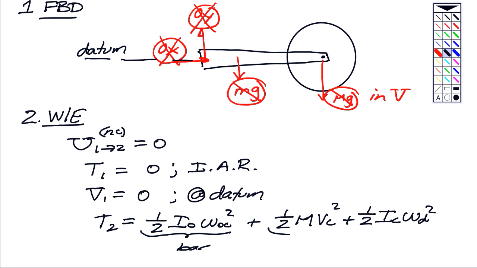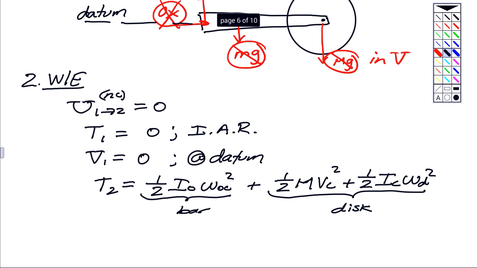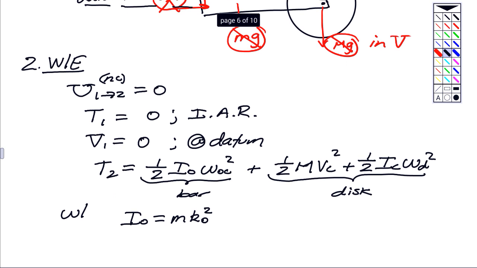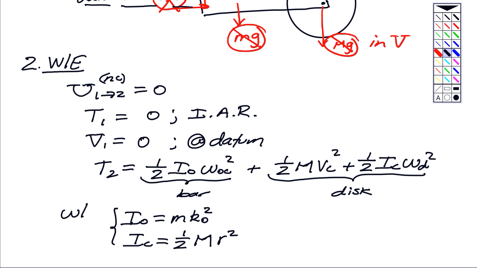This is the total kinetic energy for the disk, where I_O is given to us in terms of the radius of gyration k_O. That's going to be m k_O squared. And the mass moment of inertia at the center of this homogeneous disk is 1/2 M R squared.